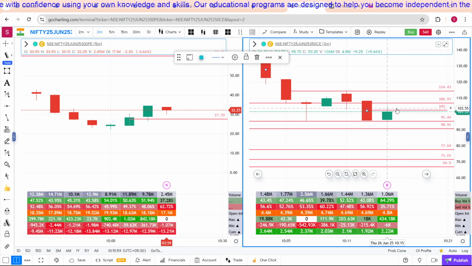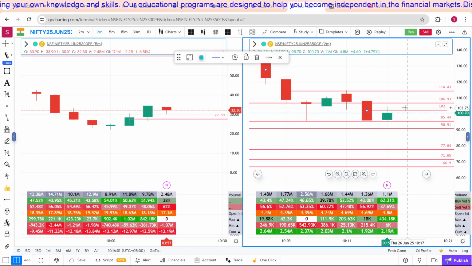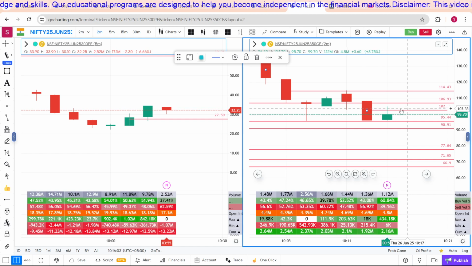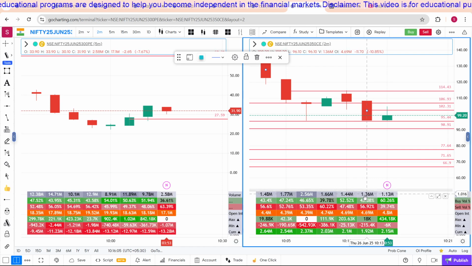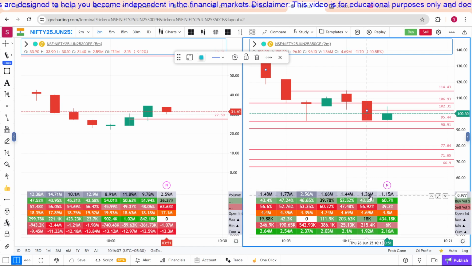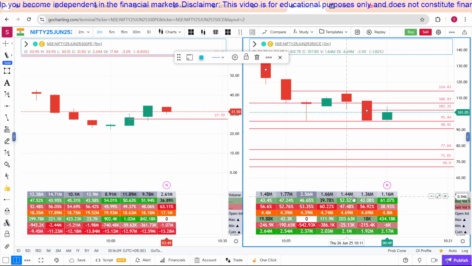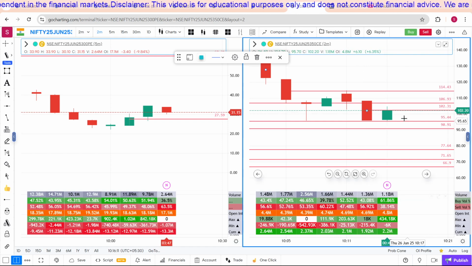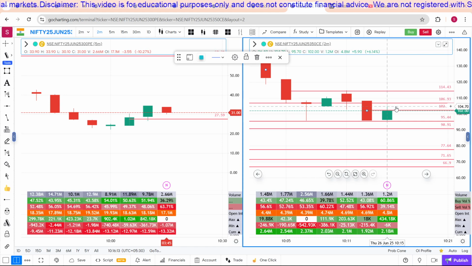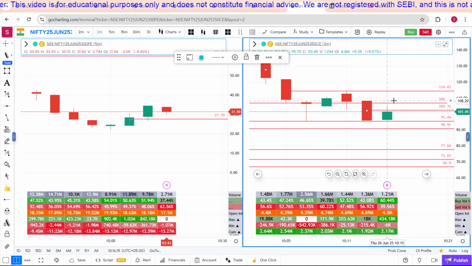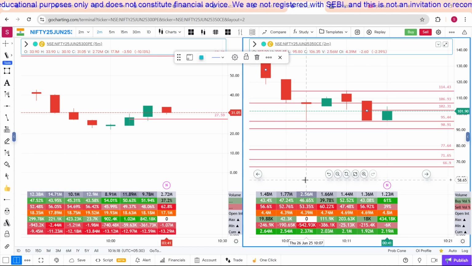This level has to break and close with the increased volume. 1.36 million is here. More than this volume, it has to close above this level, above this resistance.